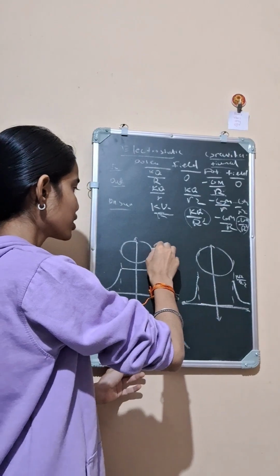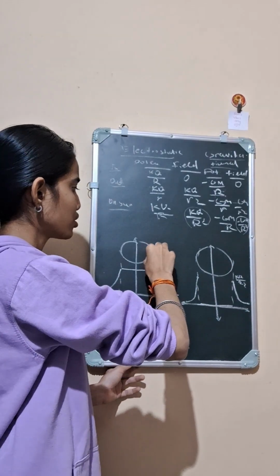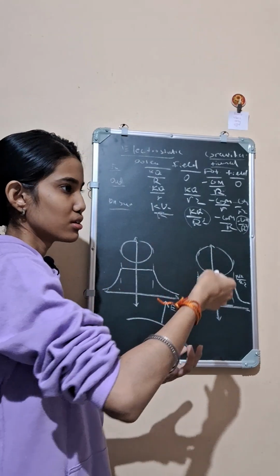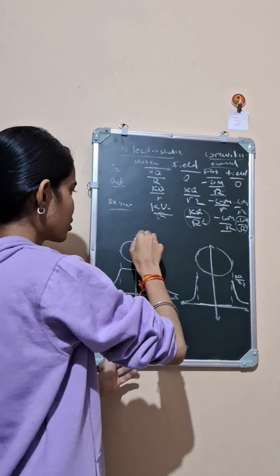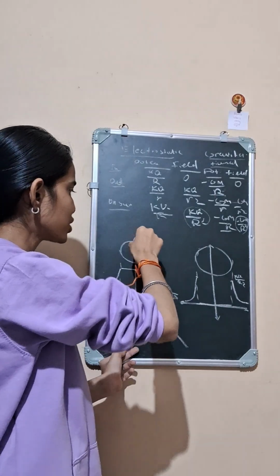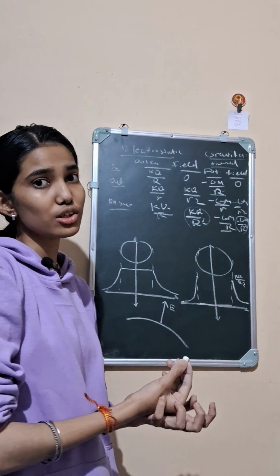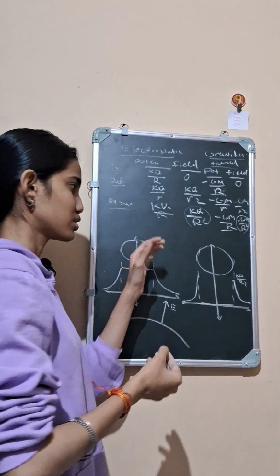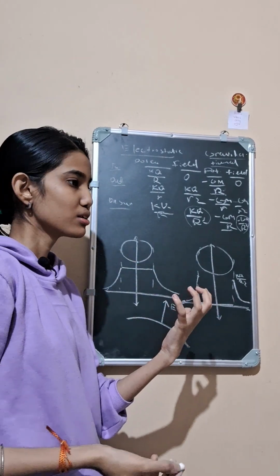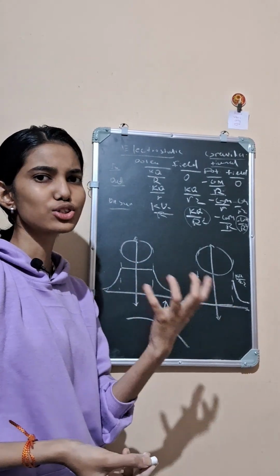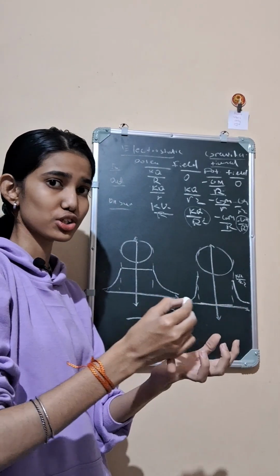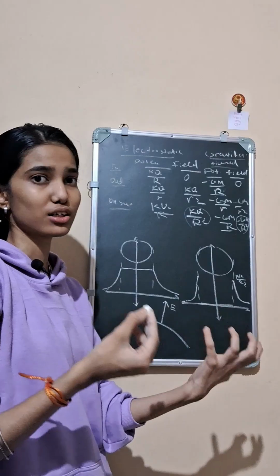Means if you want to displace a charge present on the surface to another point on the surface, suppose this is the north pole and this is the south pole of the surface, you want to displace a charge from the south pole to the north pole, then the work done will be equal to 0, because there is no change in potential, and as the potential is equal, no work is done.